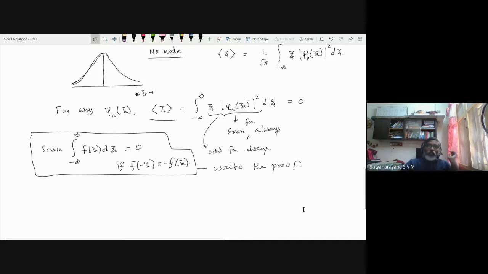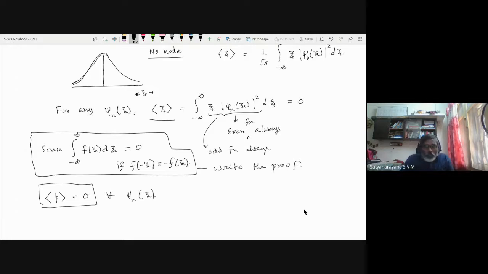Okay. Now, what about the expectation value of p? The expectation value of p will also be equal to 0. I do not want to give you the argument, so please generate the argument. The expectation value of p is also equal to 0 for all n. So the expectation value of xi is equal to 0 and the expectation value of p is equal to 0.